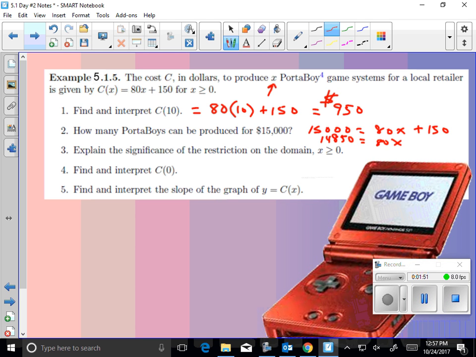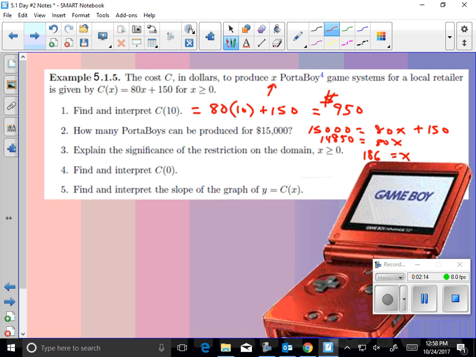Somebody, I heard the calculator start creeping out. Okay, so let's say 185 point whatever. Well, we need to meet that number, so I'm going to round that up to 186 Portaboy systems.